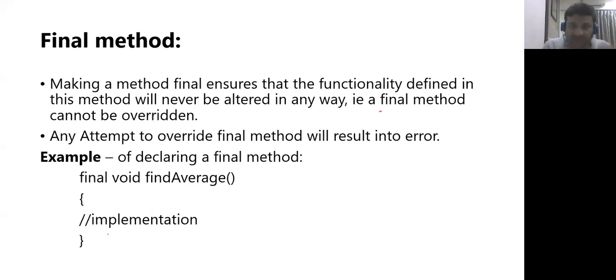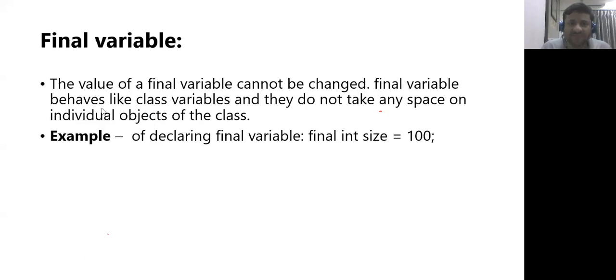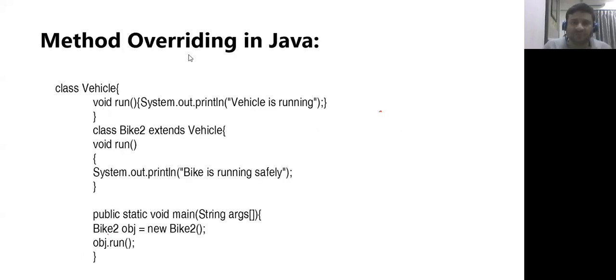If suppose in this example I write final void run, it means that this run method's functionality cannot be altered. So if any class that extends vehicle tries to override the run method, it will generate an error message.